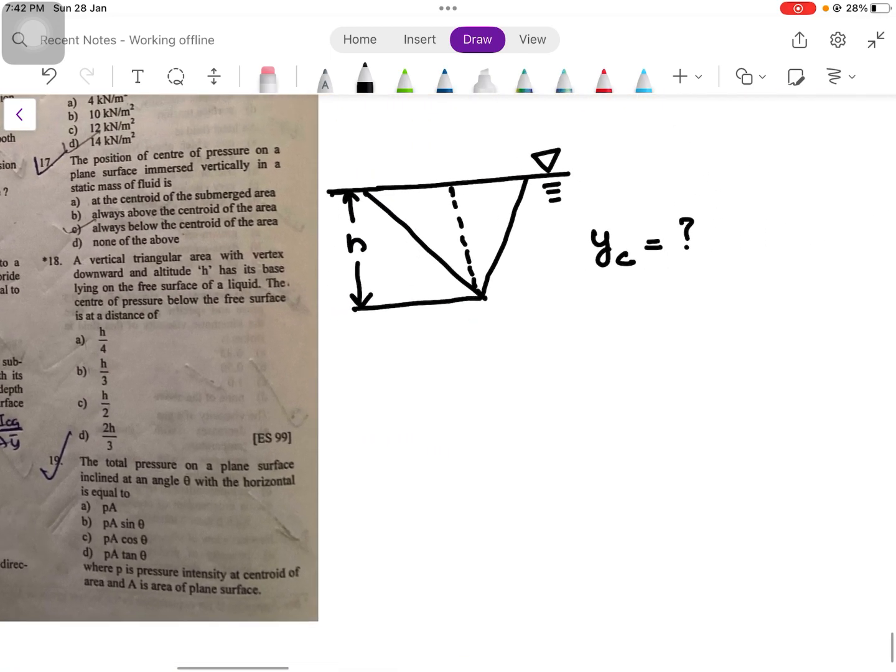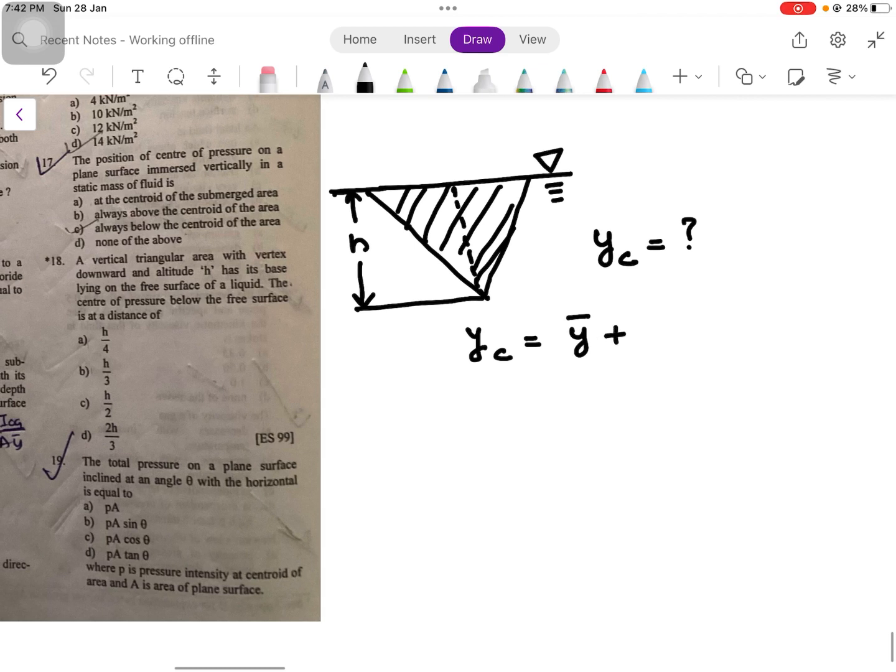We can use the formula for finding the center of pressure, which is: the distance of the center of pressure along the plane of the plate from the free surface is equal to the distance of the CG of the plate along the plane of the plate from the free surface, plus the moment of inertia about an axis passing through the CG of the plate, upon the area of the plate times the distance of CG.